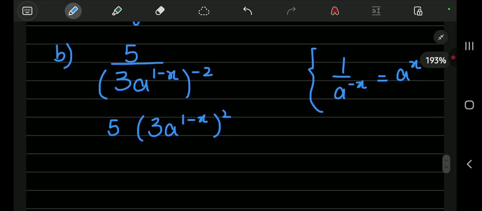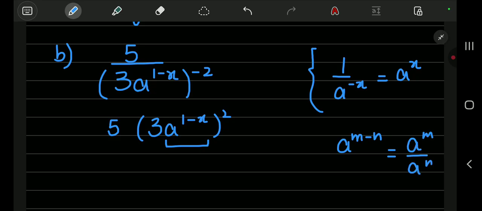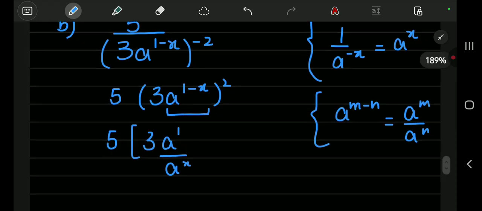Then, as we have two powers subtracted, we will use the law of indices that a to the power m minus n means a to the power m over a to the power n. Using that will give you 5 times (3a to the power 1 over a to the power x) whole power 2.